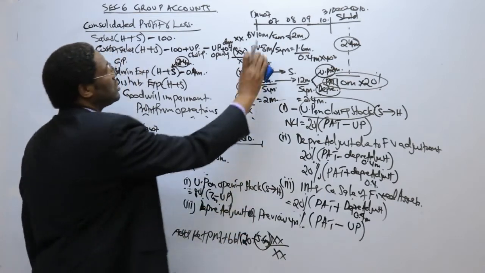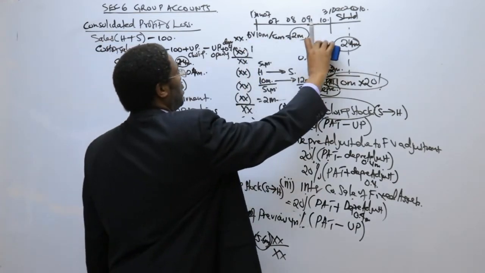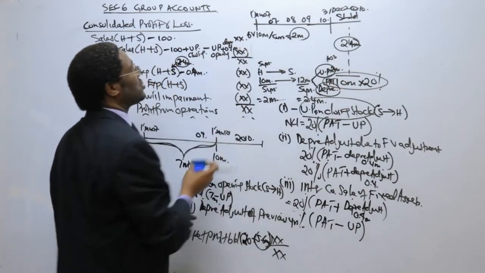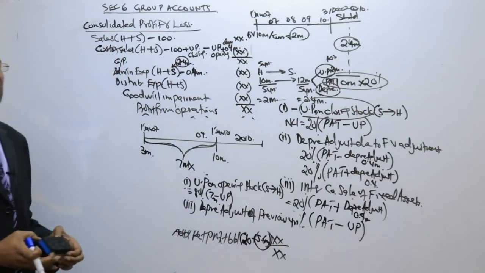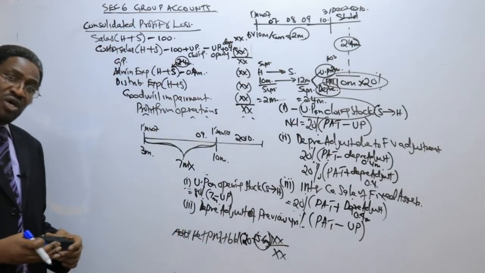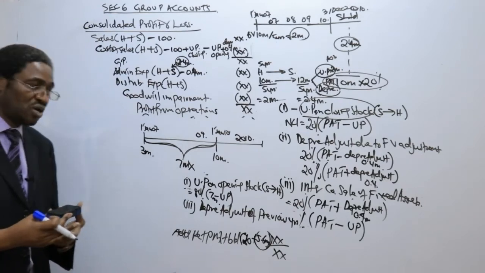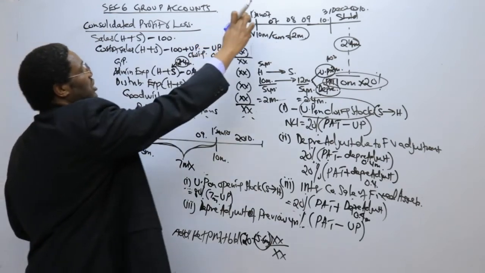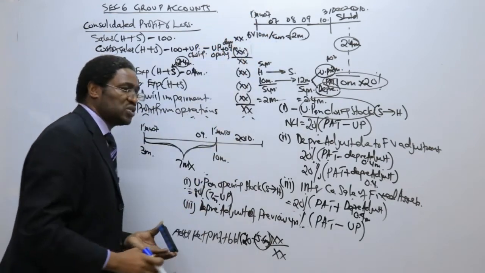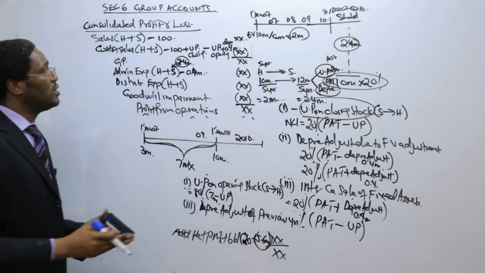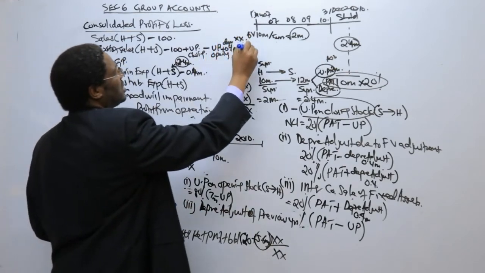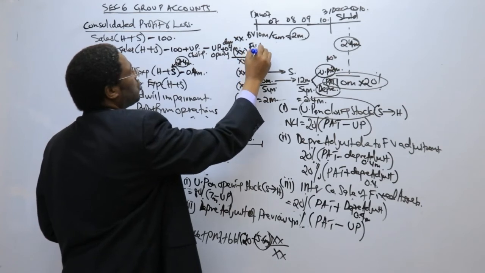We saw, let's go back, and we are saying, assuming an asset has a book value of 10 million when we were acquiring it many years ago. And I'm assuming we acquired our subsidiary company on 1st January 2007. Then you are told that asset had a fair value of 12 million.